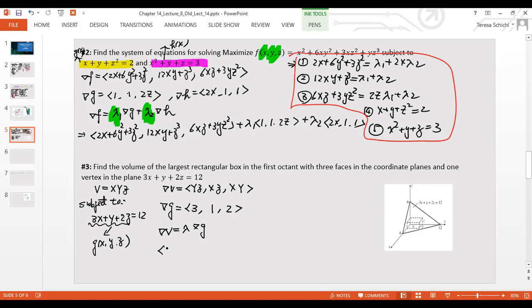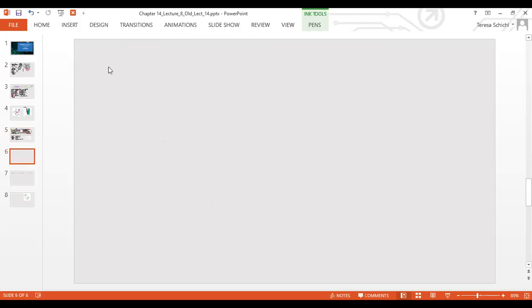So del v is yz, xz, xy, and it equals lambda times 3, 1, 2. I'm going to expand that out on the next page.